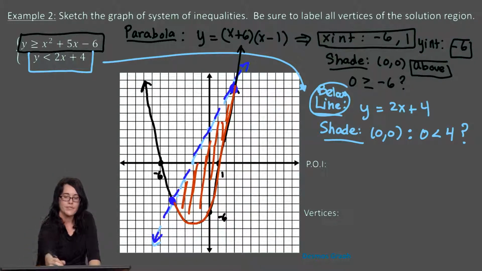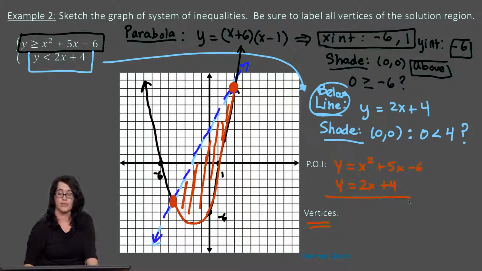Finally, to get those points of intersection that trap the shaded region, also known as vertices in this case, we would need to solve the system of equations. And so we'd look at our parabola, y equals x squared plus 5x minus 6, and the line, y equals 2x plus 4. And again, substitution is really nice here.